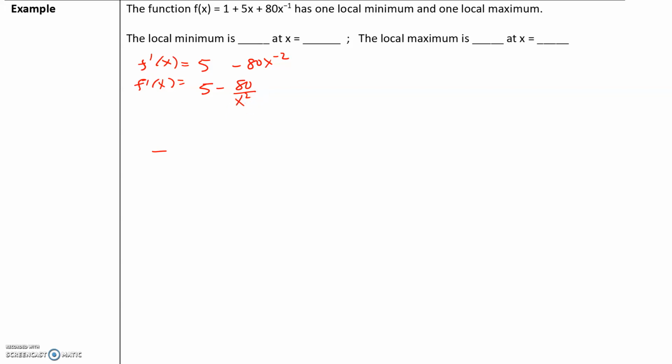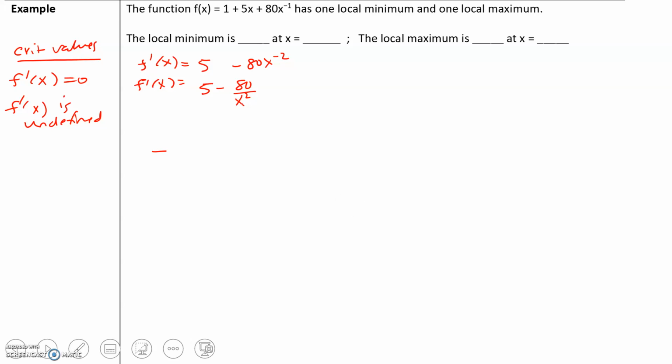My critical values are my turning points. So how do I find my critical values? f prime of x has to either be 0 or f prime of x is undefined. Now I know for sure that f prime of x is going to be undefined because I'm dividing by a variable.